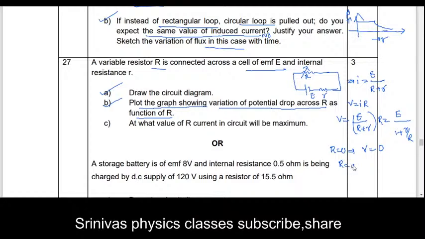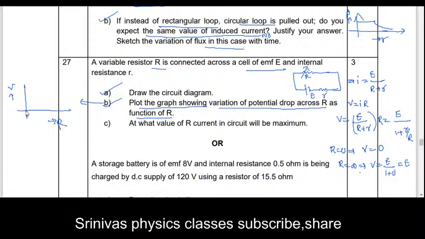And if capital R is infinite, small r by infinite is 0, so E by 1 plus 0, you will get E. That means as R increases from 0 to infinite, the potential increases from 0 to E. What will the graph be? V is taken on the y axis, capital R on the x axis.